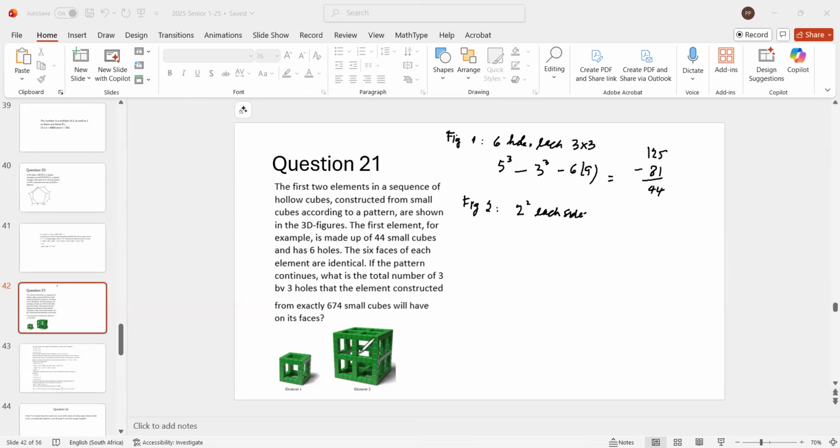Right? And in figure three, you'll have three squared holes on each side. It'll be 3 by 3. You see, this is 1 by 1, and this is 3 by 3 in the similar figure, and so on. So the number of holes is 3 squared. So in figure n, you'll have n squared holes.